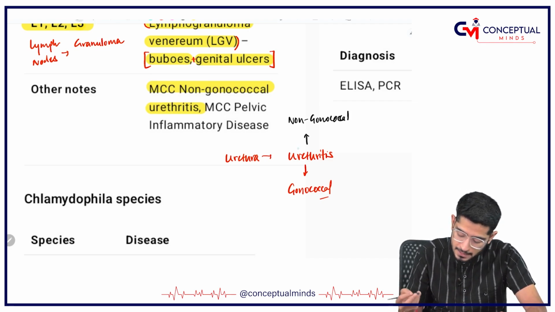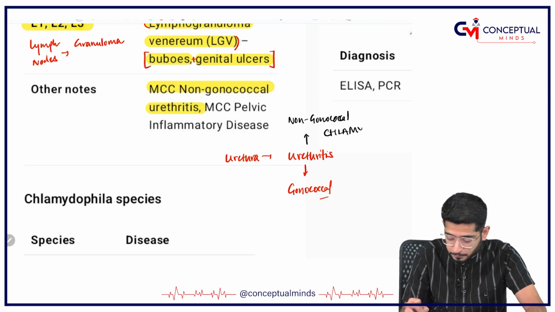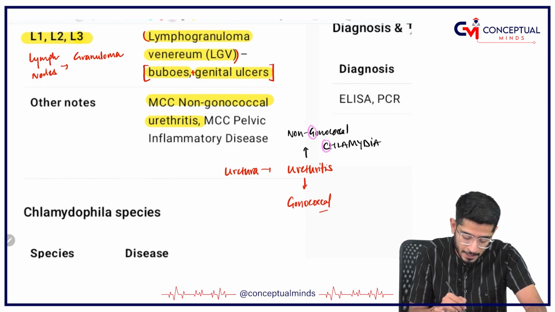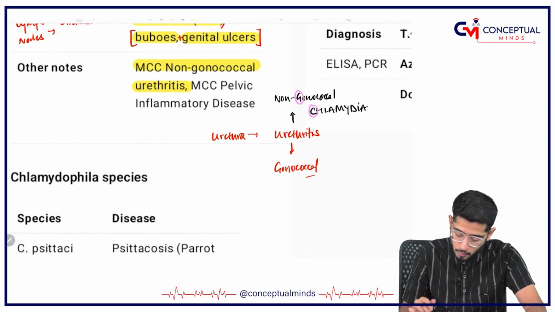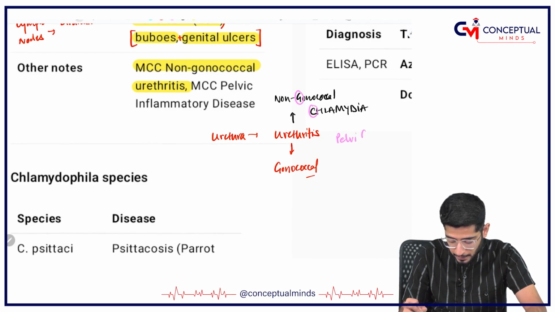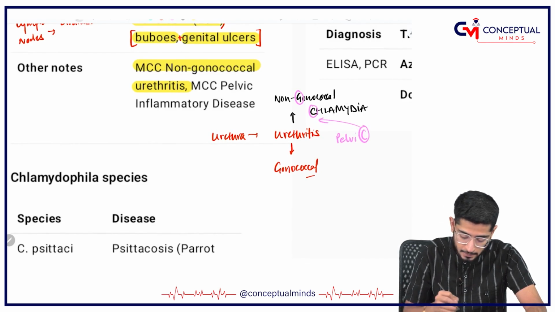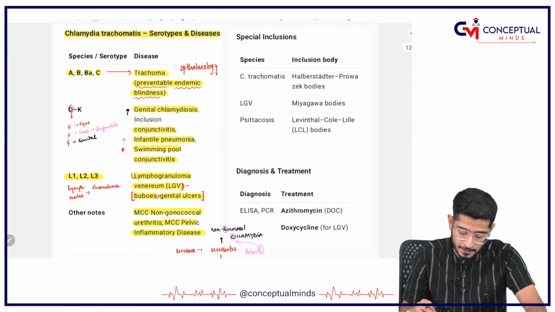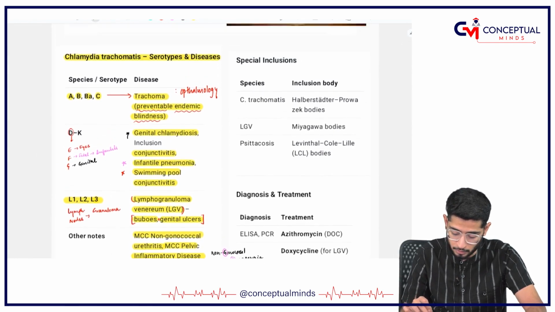Remember, C and G look similar, so chlamydia starting from C and non-gonococcal urethritis go hand in hand. Also, please remember, whenever you write pelvic, the last letter is C. So, this is chlamydia. The most common cause of pelvic inflammatory disease is also Chlamydia trachomatis only.